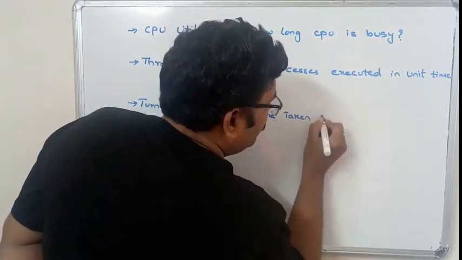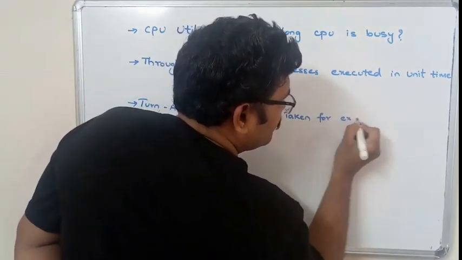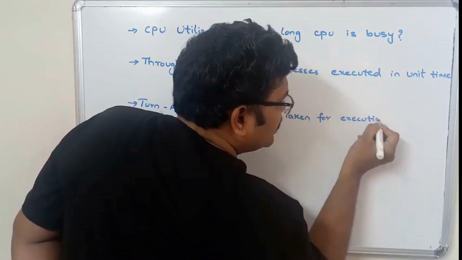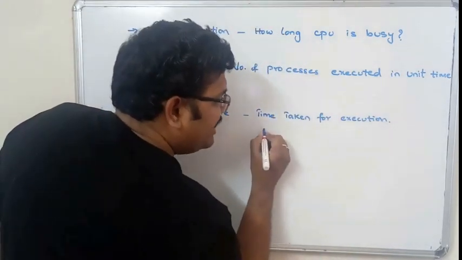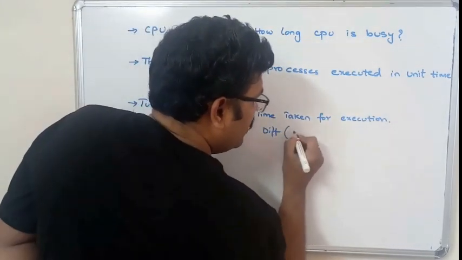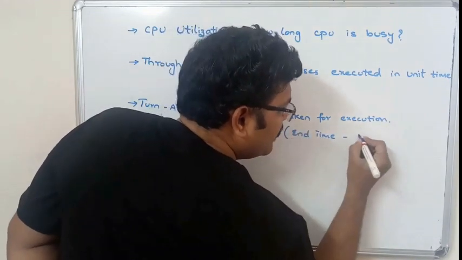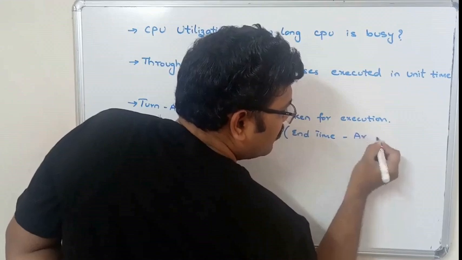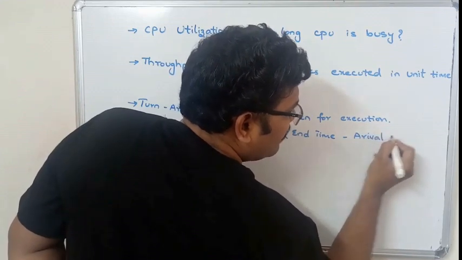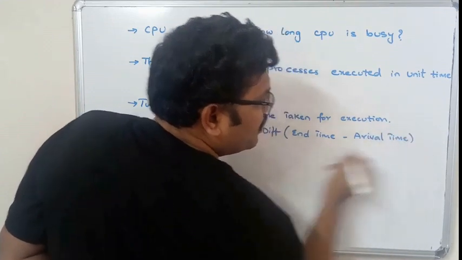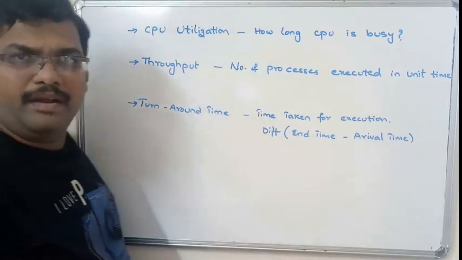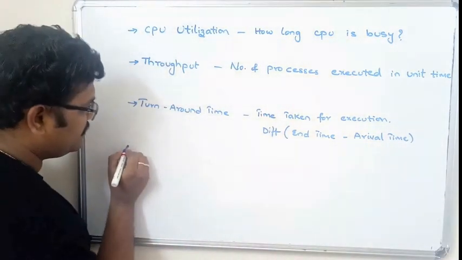Time taken for execution means the difference of end time minus arrival time or beginning time, right?